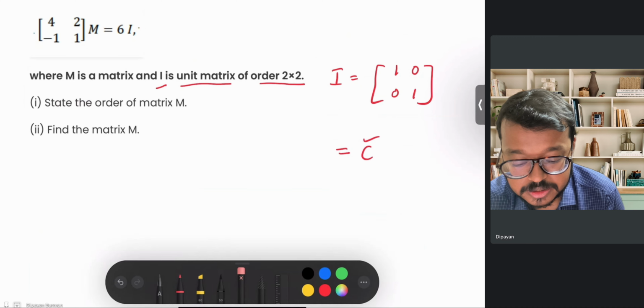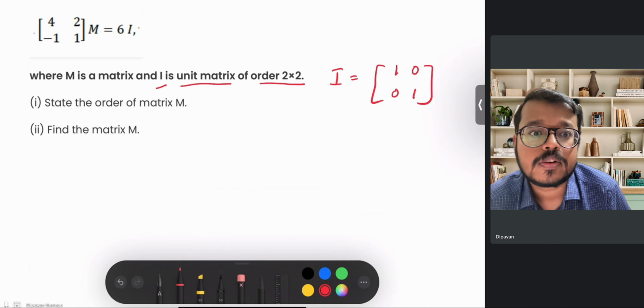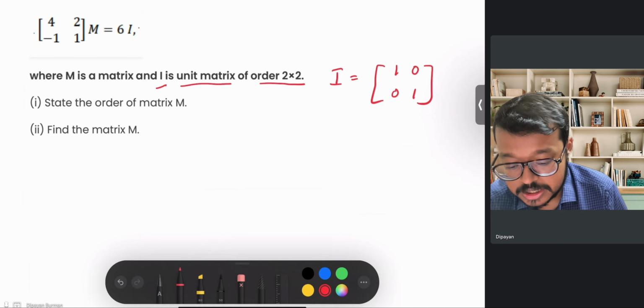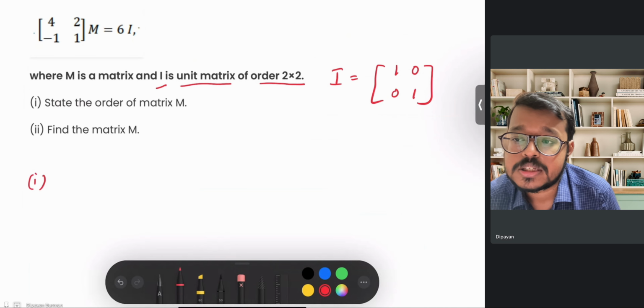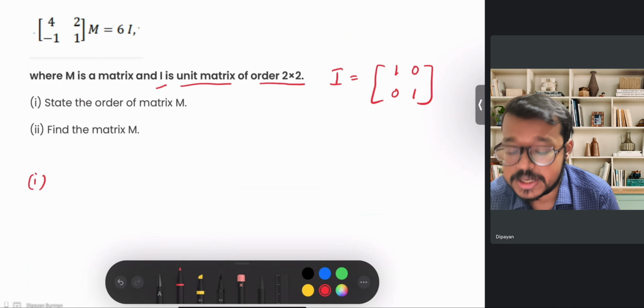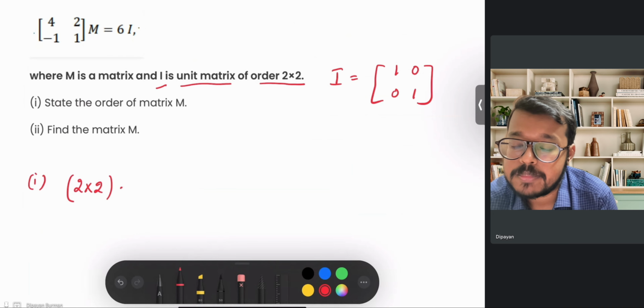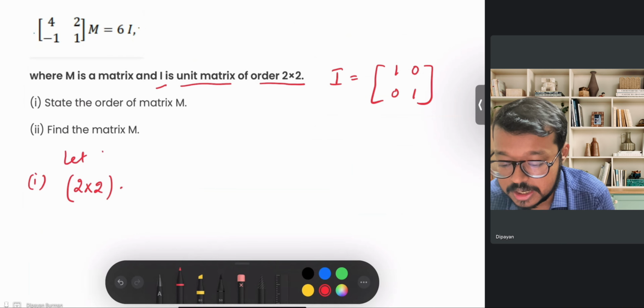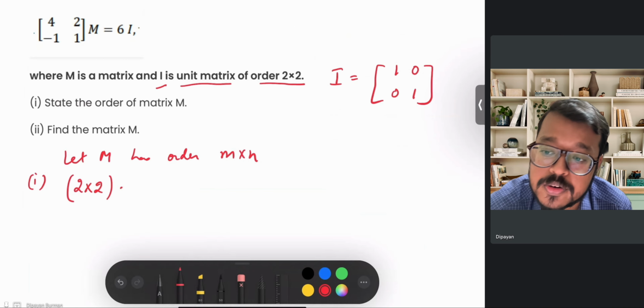Now to solve such a question, we will first identify the order of the matrices given to us. So let's say the first matrix is of the order 2 by 2, multiplied by M. Let M have order m by n, m number of rows, n number of columns.